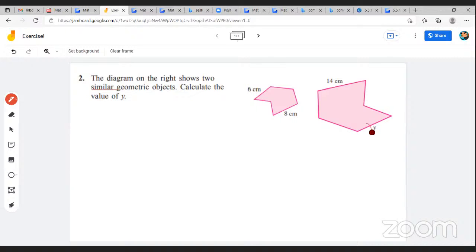If I were to ask this right now, let's take y for example, and compare it to three different sides, A, B, or C. Which one is y congruent to? Does anyone know the answer? If no one knows the answer, then I can explain.